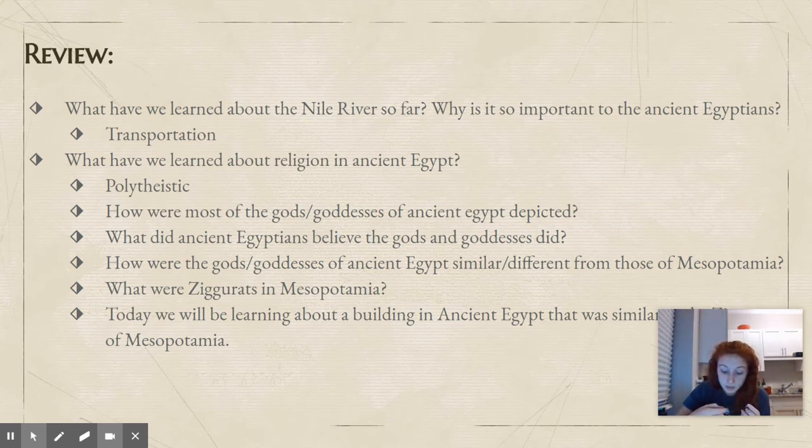Well, it was similar because the people of Mesopotamia believed that the gods and goddesses of Mesopotamia did the same thing. So control the sun and the weather and the crops and all that, right? But it was different because what did the gods and goddesses of ancient Mesopotamia look like? They just kind of looked like people, right?